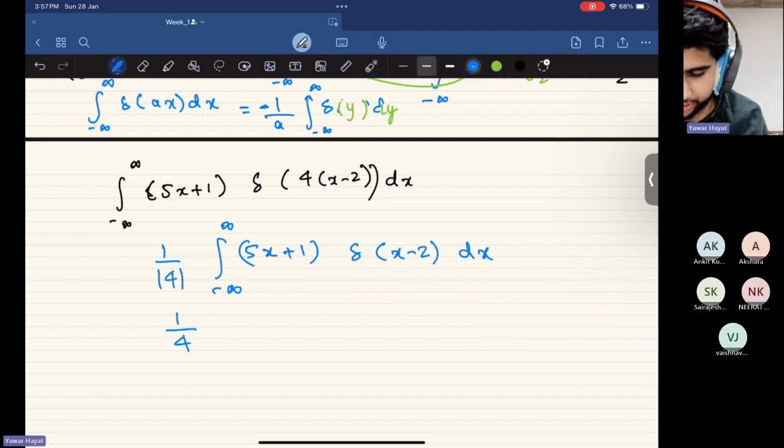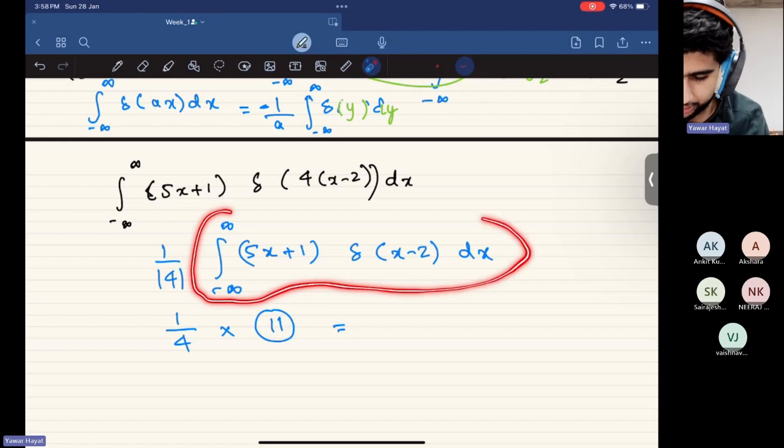Yes, sir. So let's evaluate this at x equal to 2. 5 times 2 is 10, 10 plus 1 is 11. I guess that is why we were seeing 11 in the chats. And that's it, the whole value of this integral is 11.